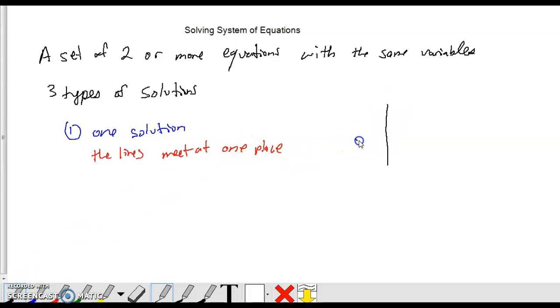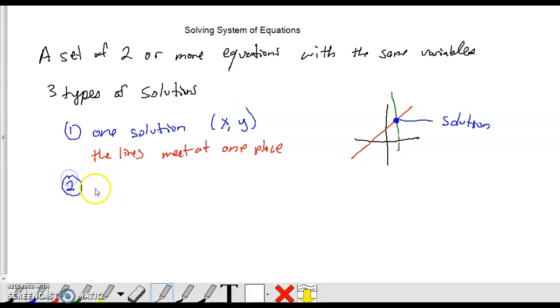So here's our graph. Say one graph is like this, one graph is like this. This point right here would be your solution. So whatever that ordered pair would be is your solution. So it's always your x, y. That's how you want to write it.